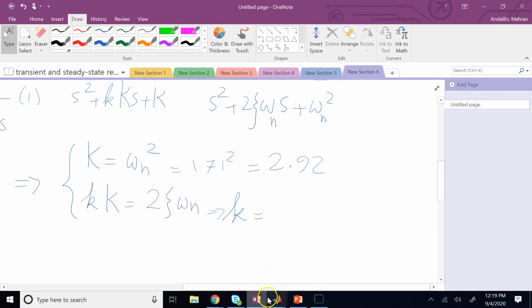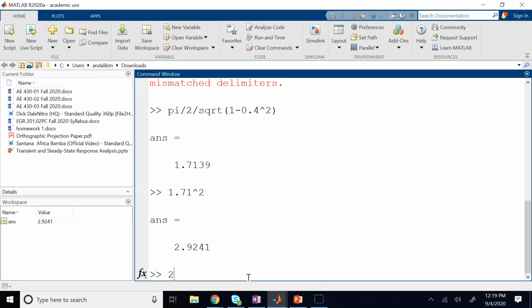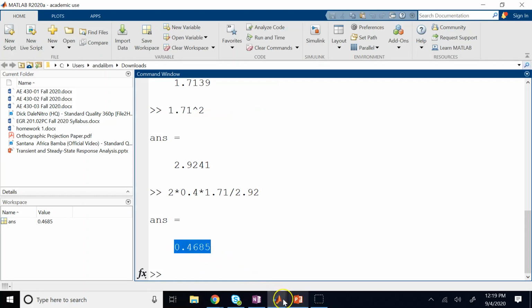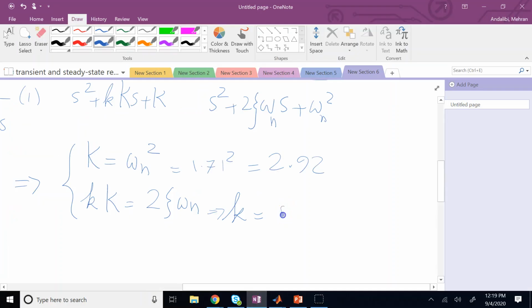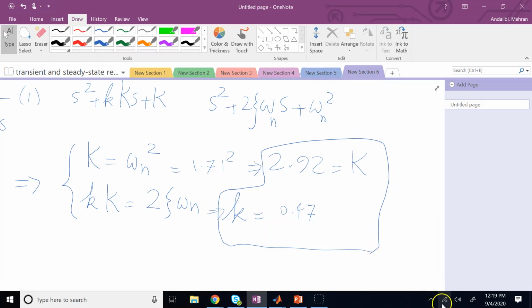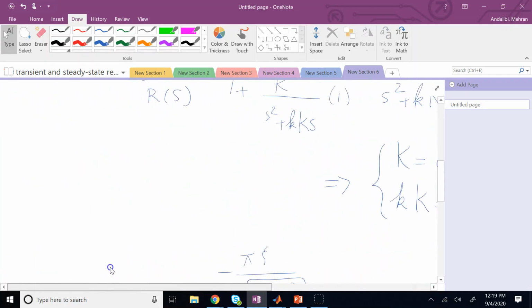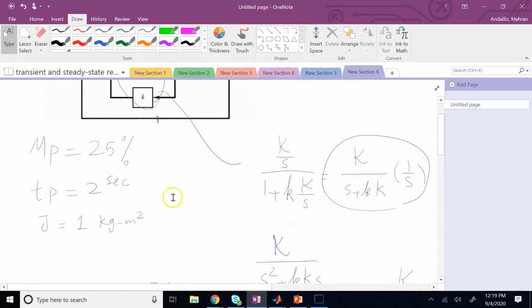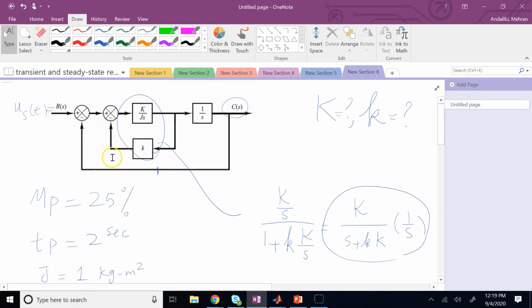So 2 times 0.4 times 1.71 divided by 2.92, so if you round it, you get 0.47. So these two are the solutions. Okay, so that is how you tune these parameters to get those performance characteristics for this physical system.